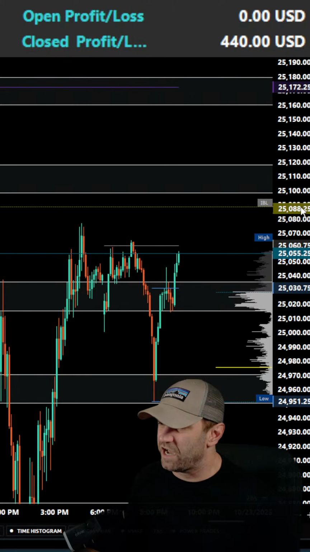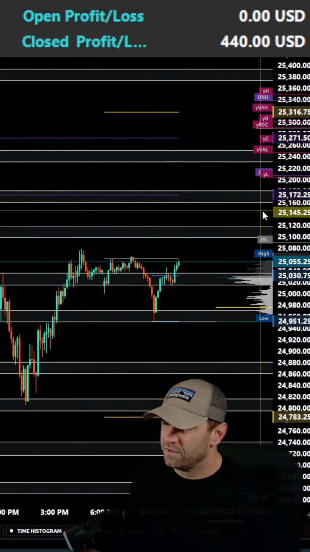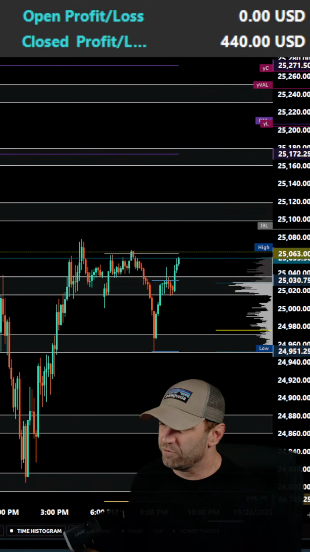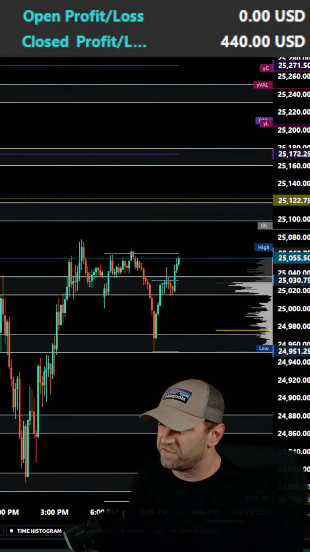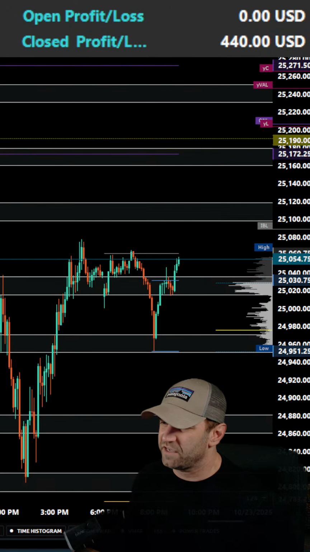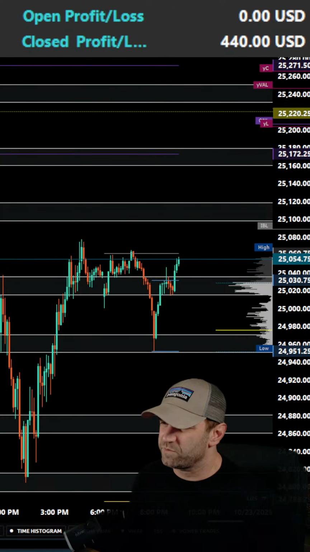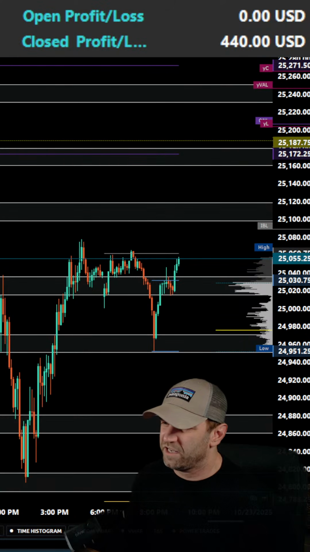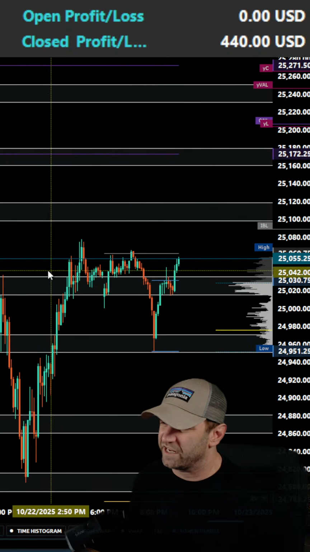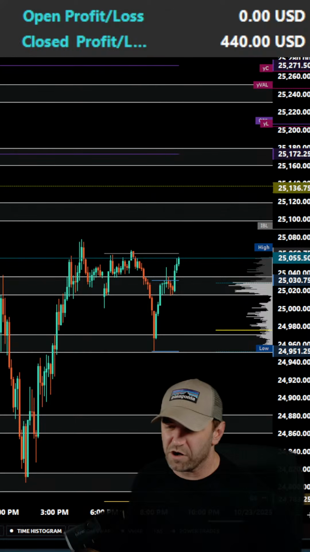I really just go to the higher time frames. These levels down here have been here for a while. But I'm looking for swing highs, swing lows, multiple tests. In other words, a lot of wicks on the higher time frames. Tests from the top side, tests from the bottom, where price has bounced before and where it's rejected before. And if you have both sides of the equation there, there's usually a big group of either buyers or sellers hanging out in those areas. And so I just mark them on my charts.